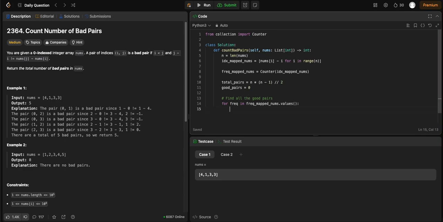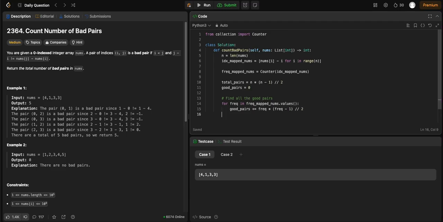So good pairs. We want to use the formula again, but instead of n here, we'll just use frequency. We want to sum from 1 all the way to frequency minus 1. So that's why we just apply the formula again.